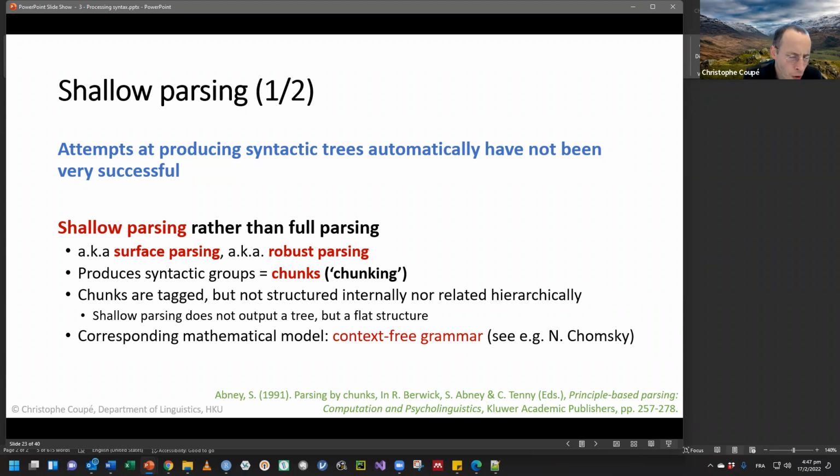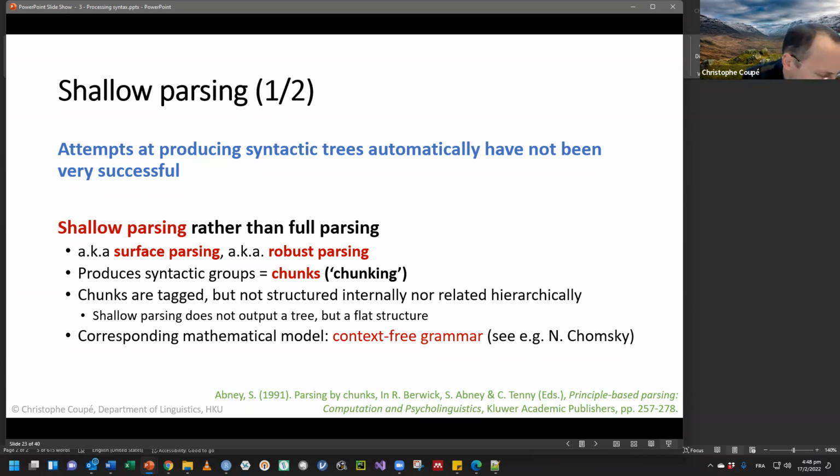And these syntactic groups, these chunks, you can give them some features. You can say, okay, it's a verb, it's this or that, but then you don't relate them in order to build a tree. So you don't create a full hierarchy. You create something like a structure, but which is rather flat. So there is no internal structure in your chunks, and the chunks are not related with a tree structure.